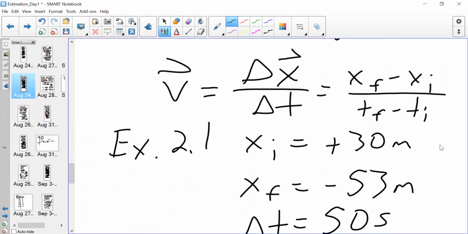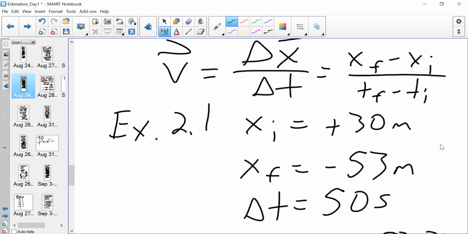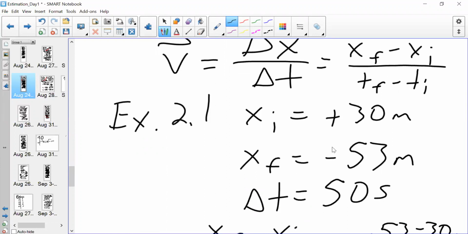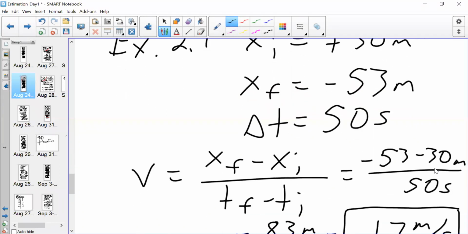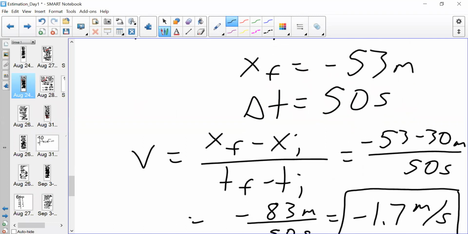So let's get an example. I was doing this from the AP perspective, but still an example that can relate to us. Let's say that we have a car at 30 meters east, plus 30, and final position, negative 53. And it takes 50 seconds for the car to change its position from 30 to minus 53. What's the velocity? Well, by definition, v equals x final minus x initial divided by t final minus t initial.